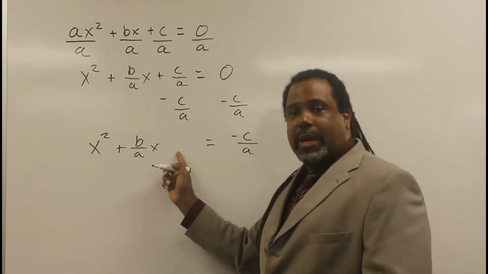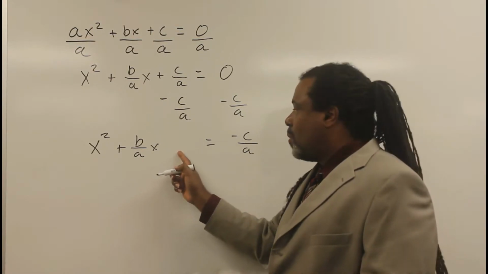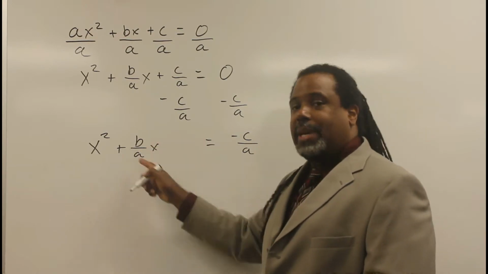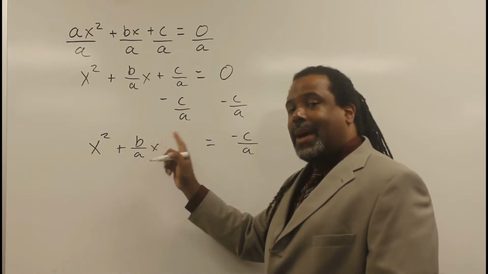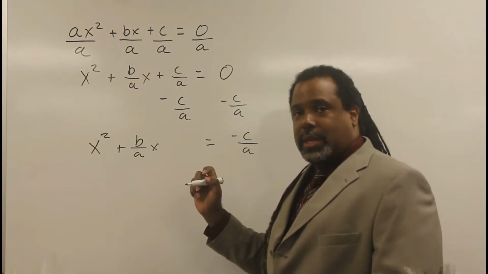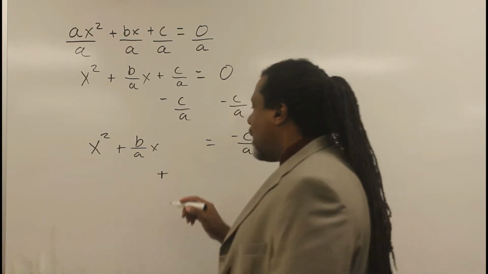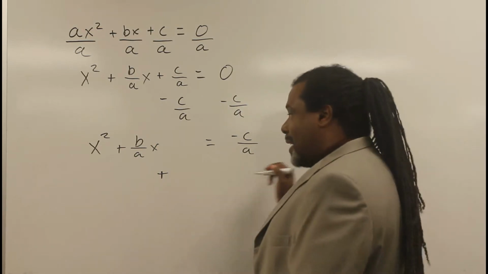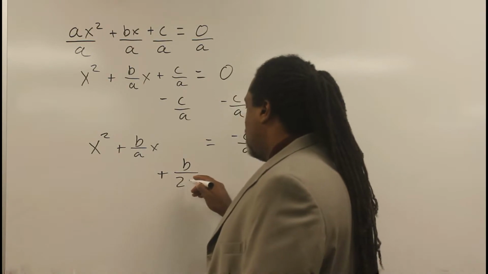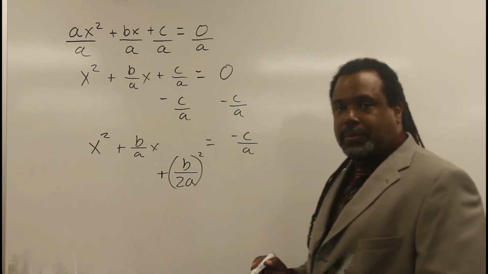Now, in following the rules for perfect square trinomials, what we're going to do is take the existing b term divided by 2 and square it, and that'll be our new c term. So what we're going to end up adding to both sides of the equation is b over 2a squared.